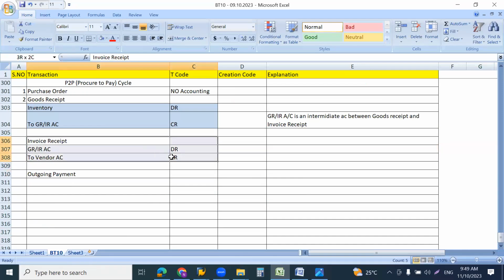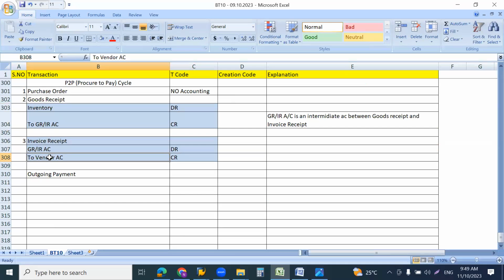So this is the accounting entry at the time of invoice receipt. Now, if your goods receipt is 100 quantity and your invoice receipt is also 100 quantity, they will knock off each other and the balance will become 0. Ideally, the GRIR balance will be 0 and the final entry will be inventory debit, vendor credit.